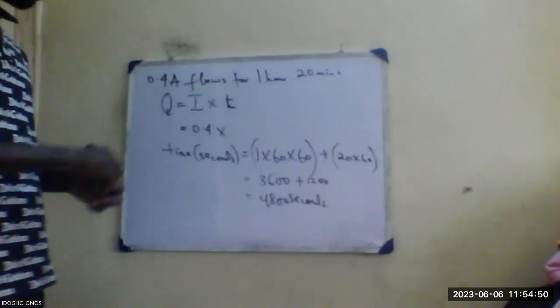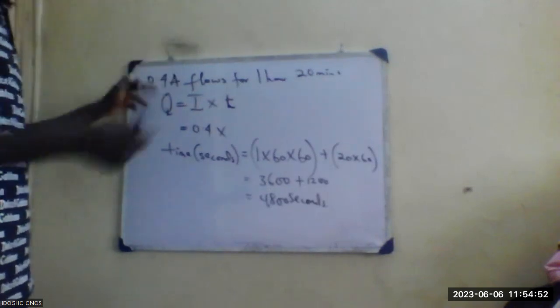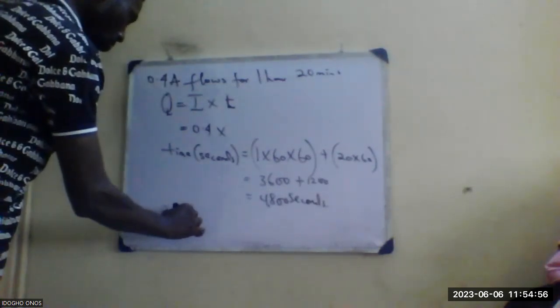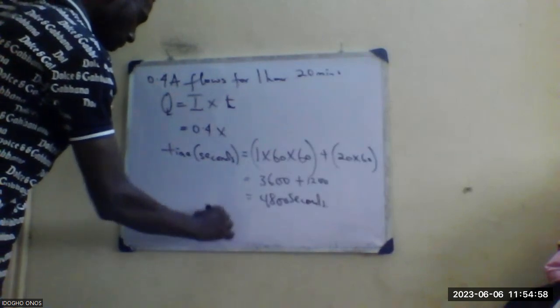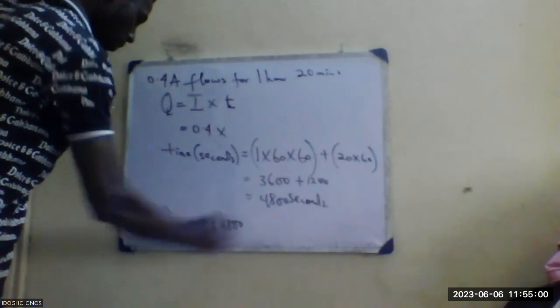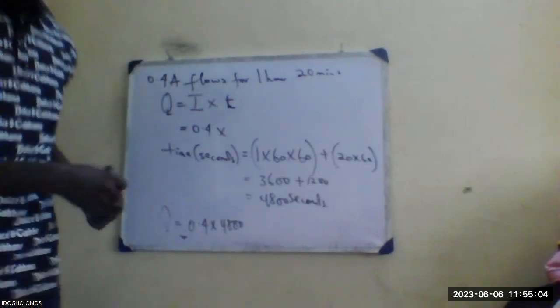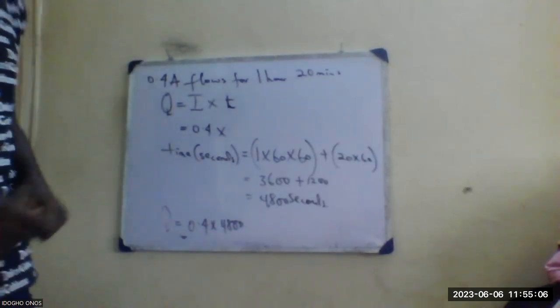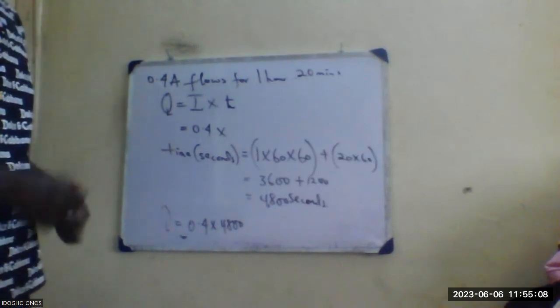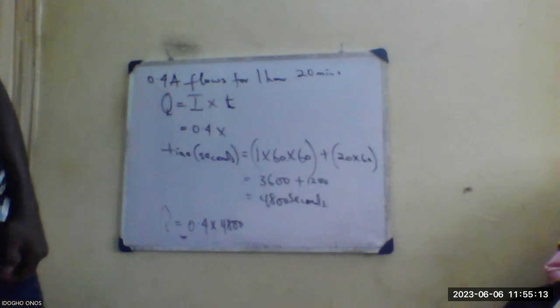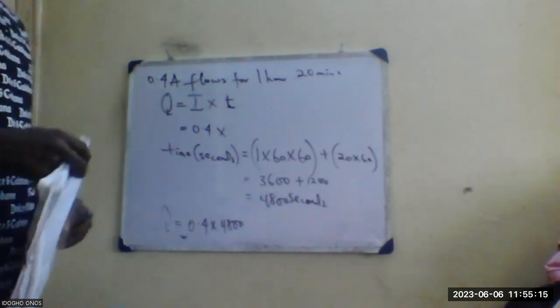So if the time is 4,800 seconds, then Q equals 0.4 times 4,800. If you have your calculator, you can do that and you will get your answer. When you get your answer, the unit should either be in coulombs or in Faraday, depending on the question.